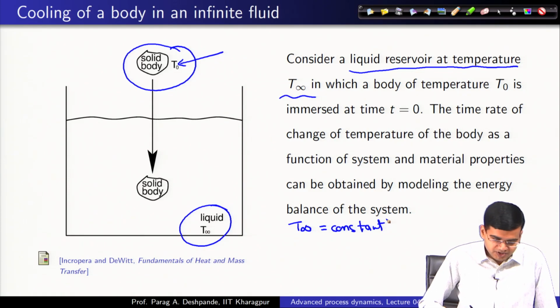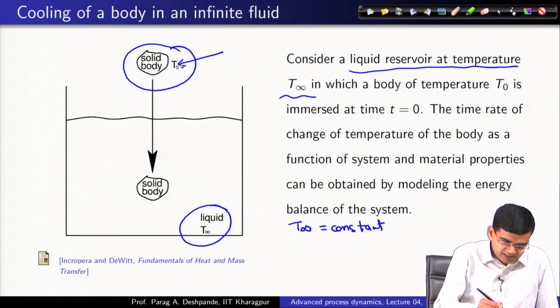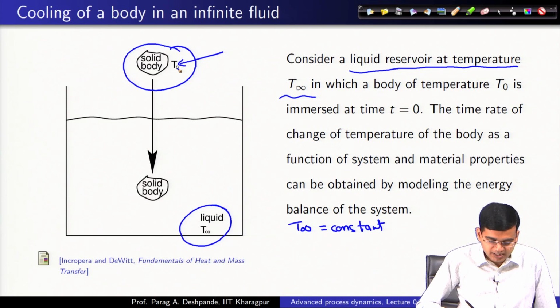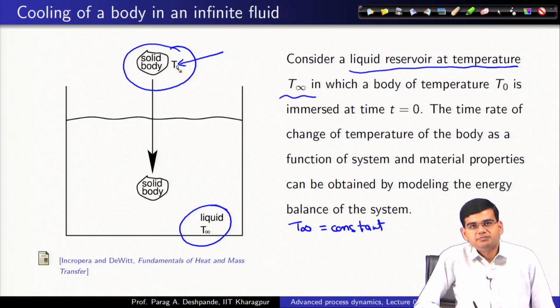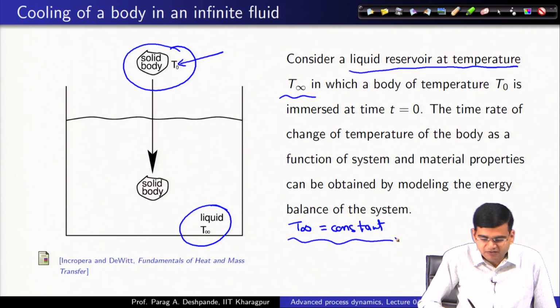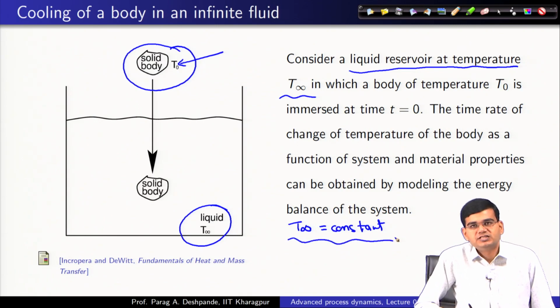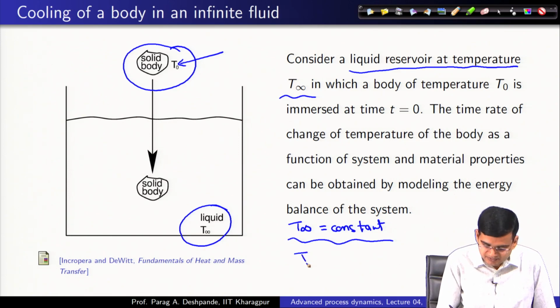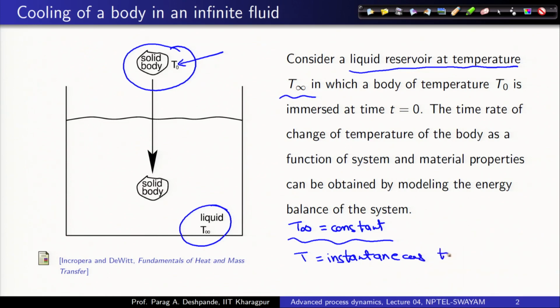So, now when you drop a body which is at temperature of T 0 into a liquid which is at a temperature of T infinity such that T infinity is never going to change, then what is going to happen to this system physically? What is going to happen is that the temperature T, which is the instantaneous temperature of the body, is going to change, right.